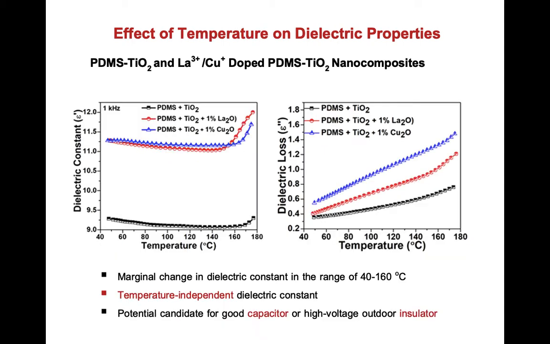And the last one is the effects of temperature on the dielectric constant for composites. They are presented here. There is only a marginal change in the dielectric constant within the temperature range of 40 to 160 degrees Celsius, whereas there is some increase in the dielectric constant beyond 160 degrees Celsius.